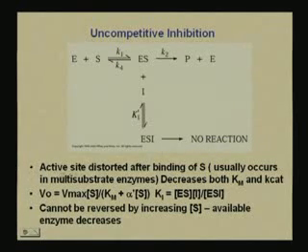The active site is distorted after binding of the substrate. This usually occurs in multi-substrate enzymes, okay, where you have more than one substrate, like the bi-substrate reaction that I showed you, where inhibitors can act. So, you have an active site that is distorted after binding of the substrate, and it decreases both the Km and the Kcat value.